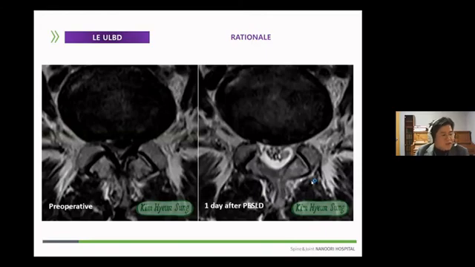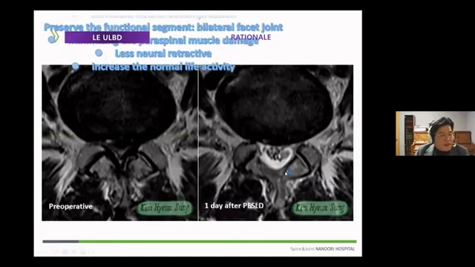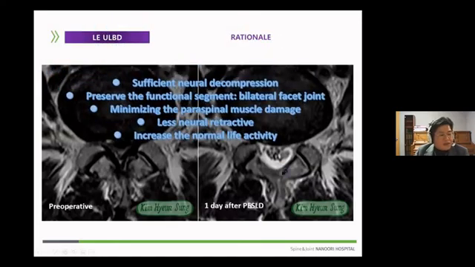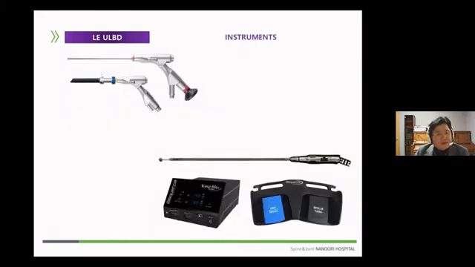Based on these advantages, endoscopic decompressive surgery has made it possible to increase normal life activity through sufficient neural decompression, preserve the functional segments, minimize spinal muscle damage, and cause less neural retraction, which decompressive spinal surgery has been thought to involve.